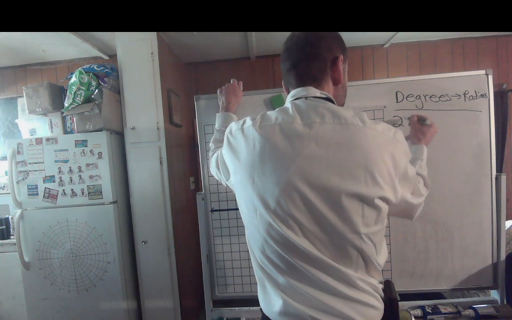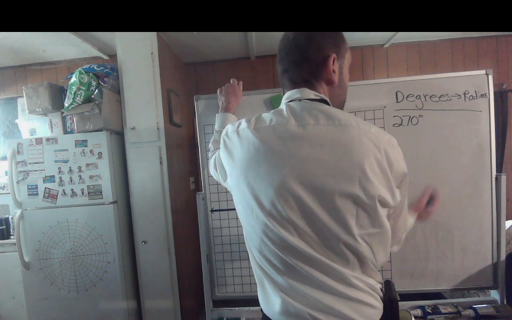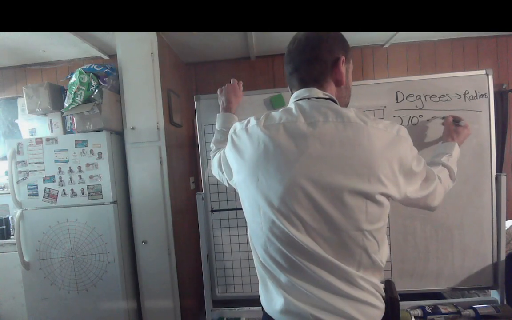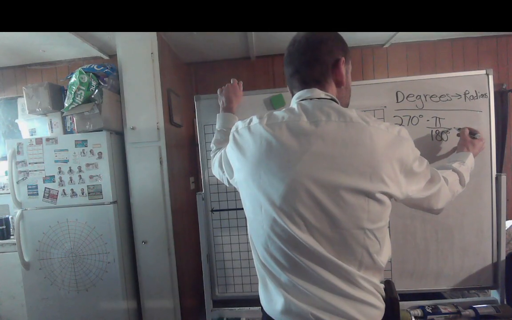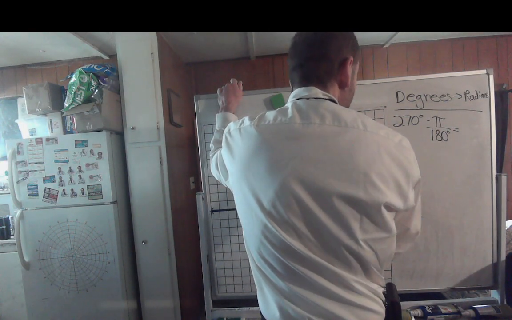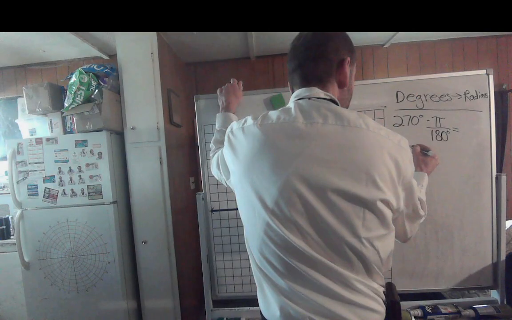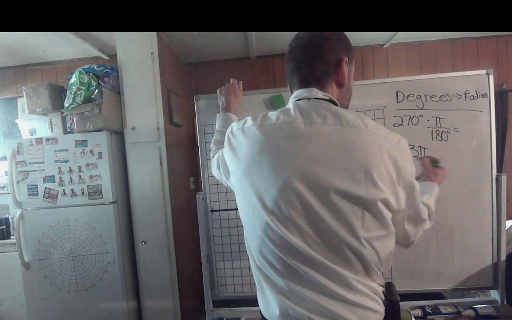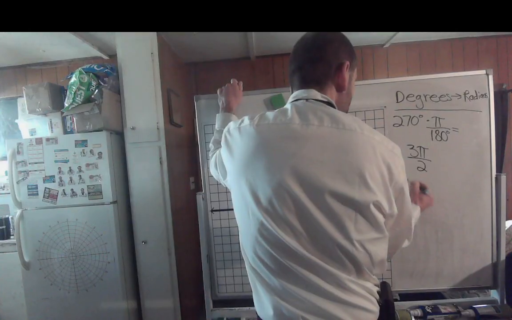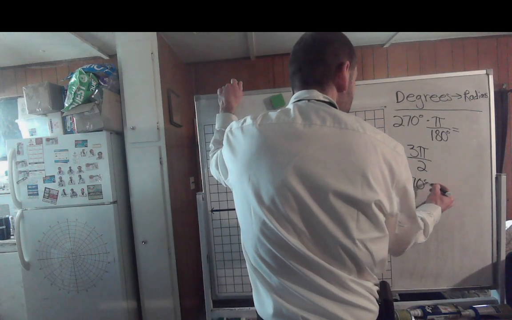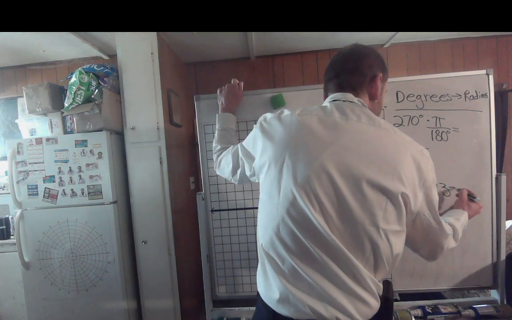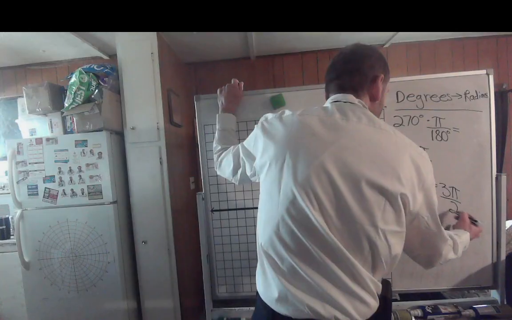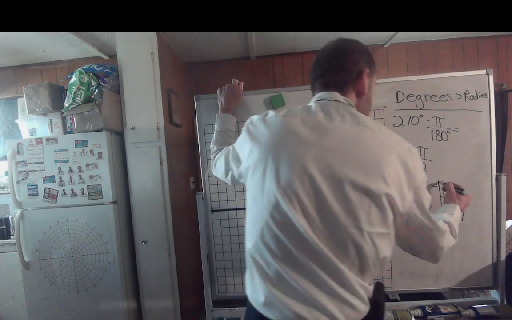Another important one is going to be 270 degrees. So 270 times pi over 180 degrees, well, that's going to be 3 pi over 2 radians. So 270 degrees, which is 3/4 of a circle, equals 3 pi over 2 radians.